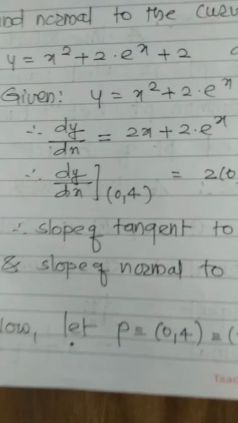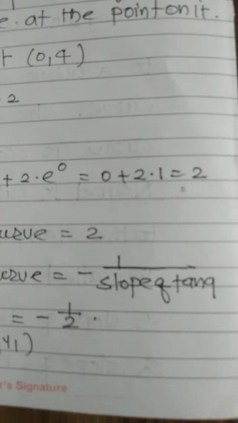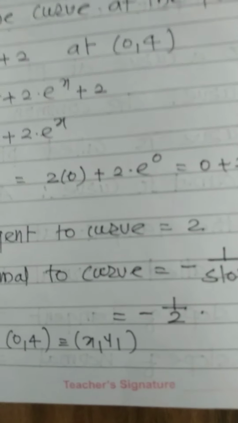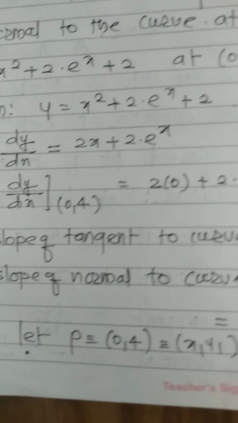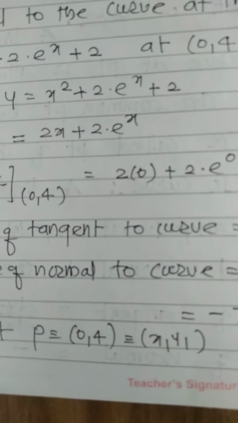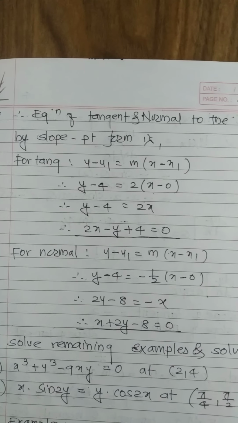Now we can calculate the slope of the normal to the curve. It is minus 1 upon the slope of the tangent, so it becomes minus 1 by 2. We can consider that point (0, 4) as (x1, y1).